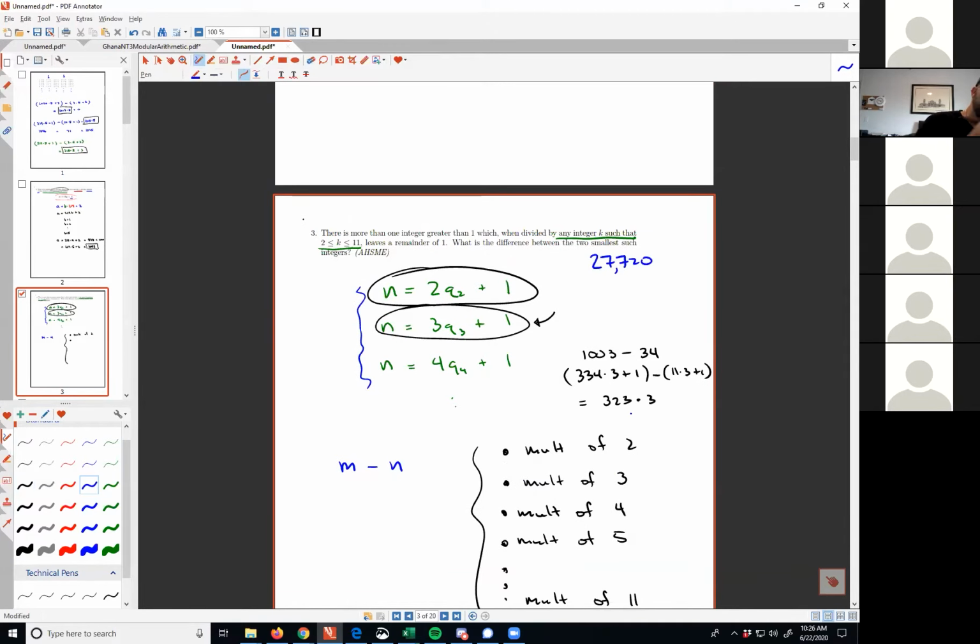We know that m and n have the same remainder when divided by 2, 3, 4, 5, 6, 7, 8, 9, 10, and 11. What we learned from problem number 1 is that if we subtract them, we get multiples of 2 through 11. M minus n has to be a multiple of all those little numbers. So since it has to be a multiple of all of them, it has to be a multiple of their least common multiple. And so we found their least common multiple.